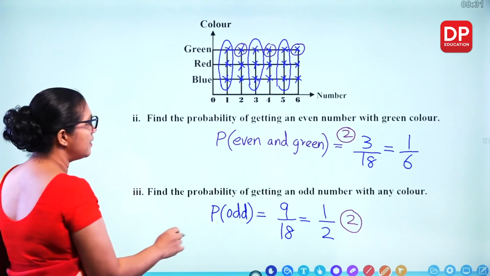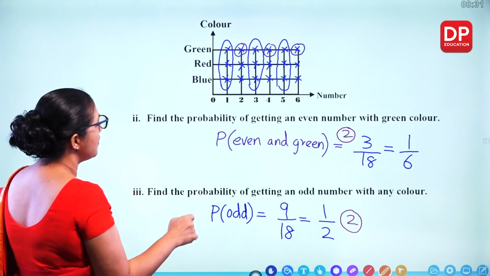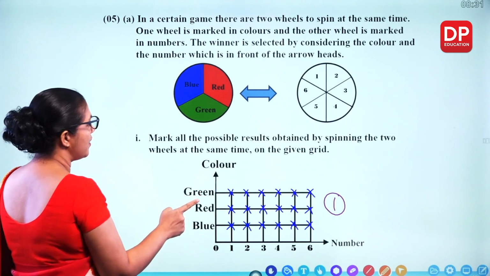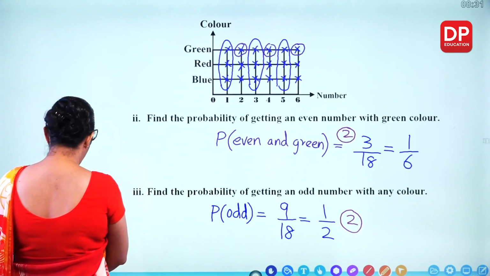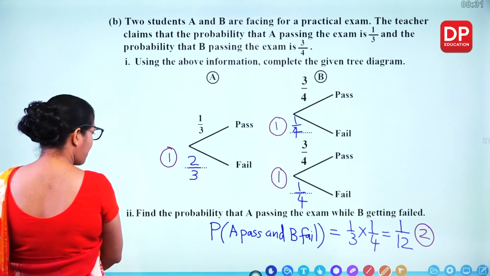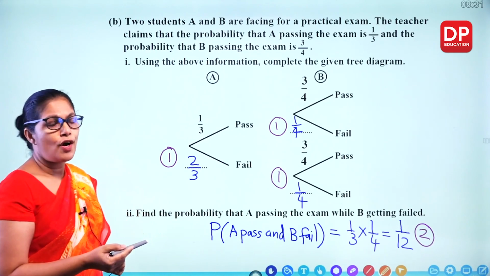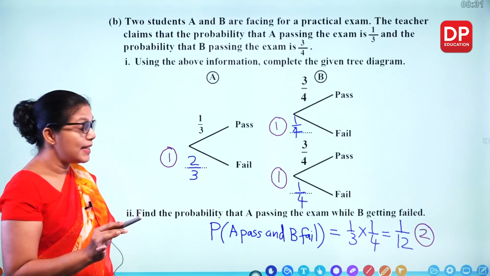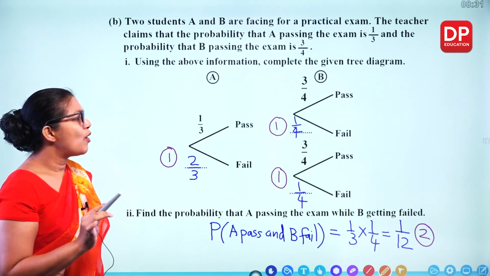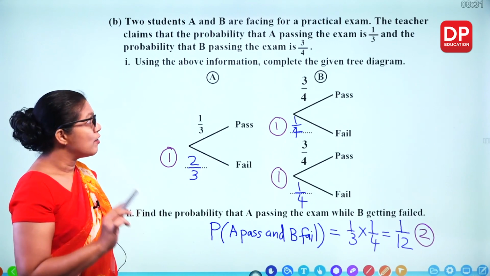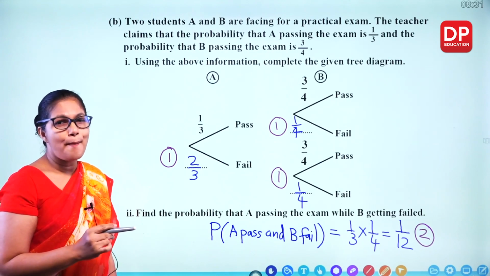And earlier 5. Here 2, 2 and the first one 1. So altogether you get 10 marks for this question. So we completed 2018 Western Province end of year evaluation paper 1.